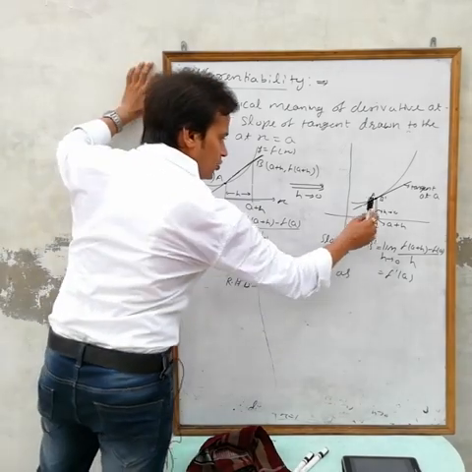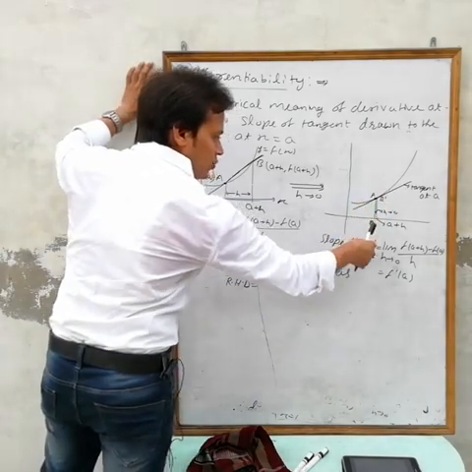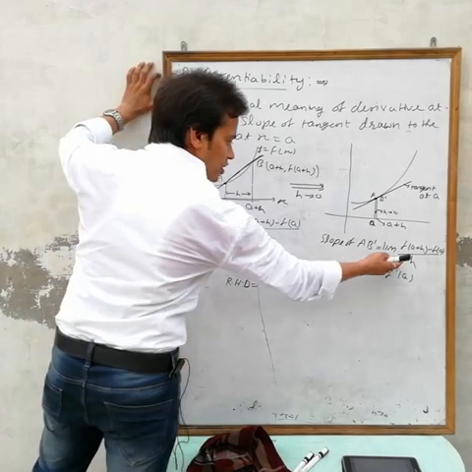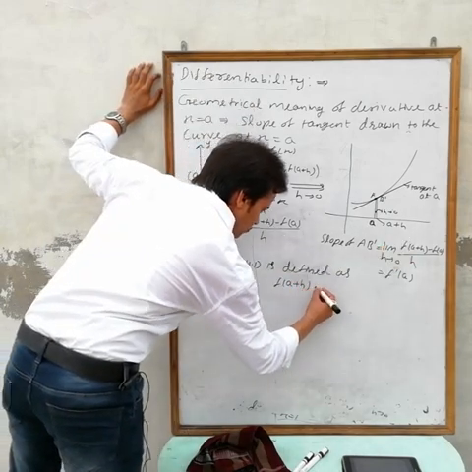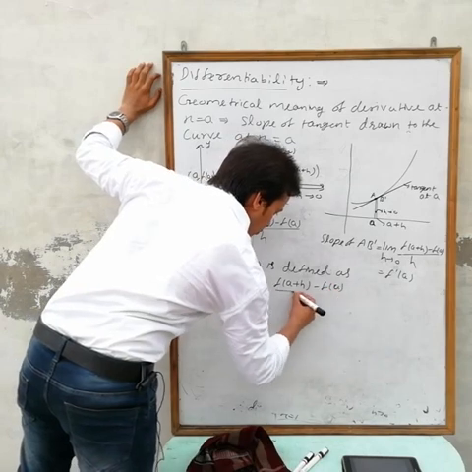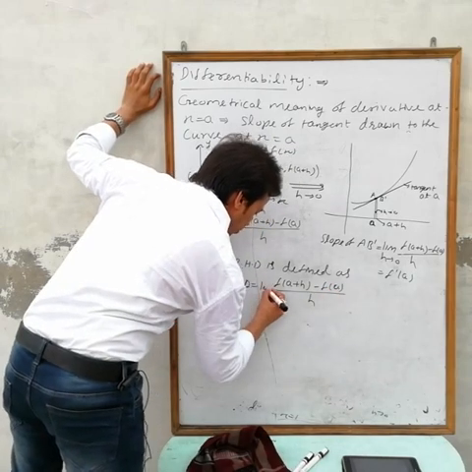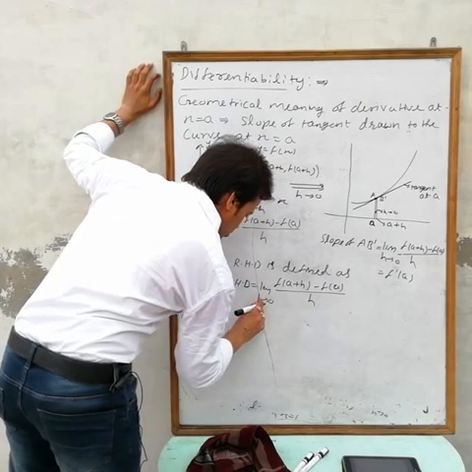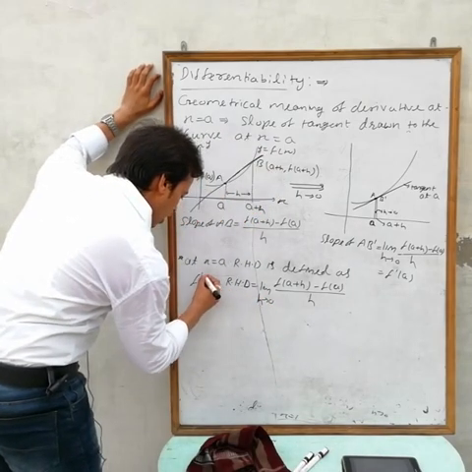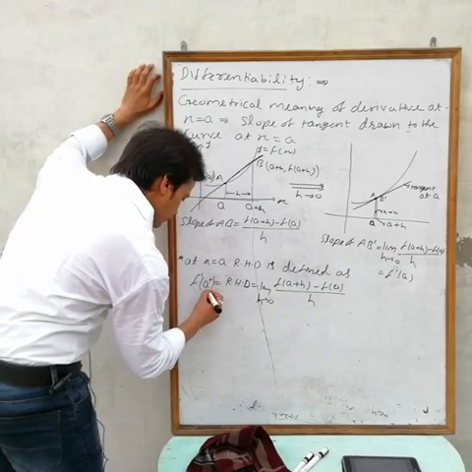So the right hand derivative is y2 minus y1 by x2 minus x1, the slope of the tangent, limit h tending to 0, which means f(a plus h) minus f(a) by h, limit h tending to 0, and this can also be written as f dash a plus.